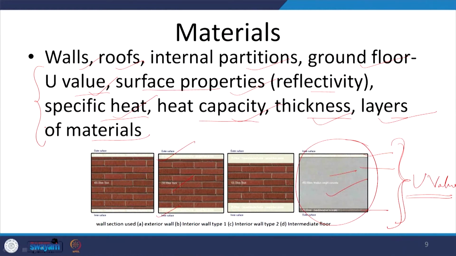So, the moment we decide that as an alternative material I want to use adobe, brickbat coba, or some other non-conventional material, we will have to have the properties of these materials, and only then can we prove that this new material is a better material, will provide more insulation, or will be better for the energy efficiency of the building overall. So, that was about materials.